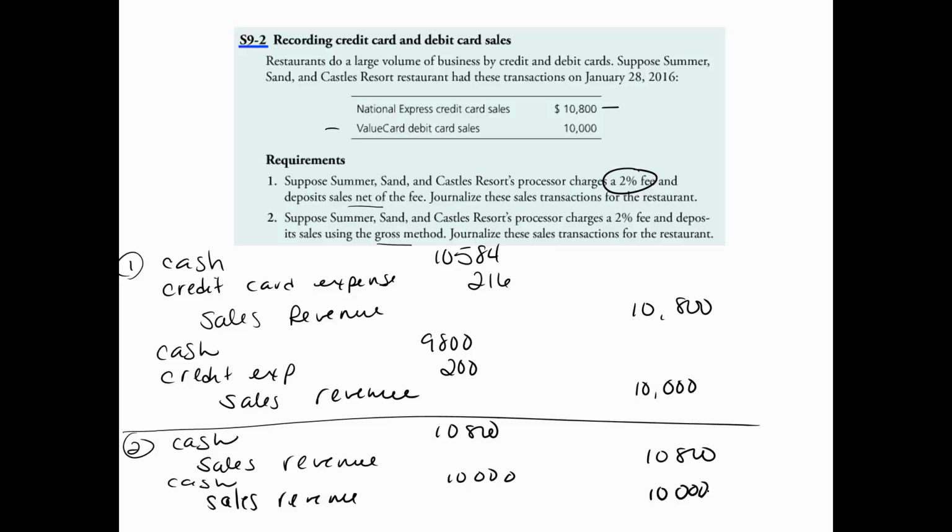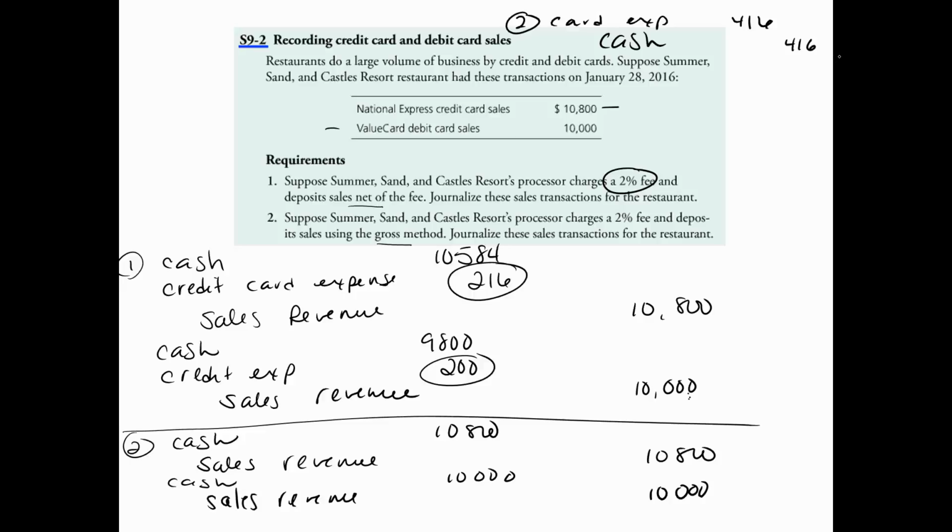Now the difference would be at the end of the month, and they don't ask you to do this in here, but if you're using method 2, at the end of the month you'd go back, or you would be notified on your statement what the fee was. So you debit credit card expense. Let's say this is all one, so it would be the $216 and the $200. So debit card expense $416, and credit cash $416, because they take that out of your account.